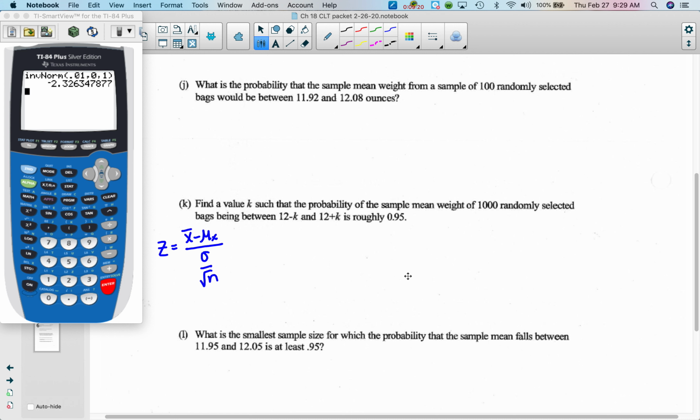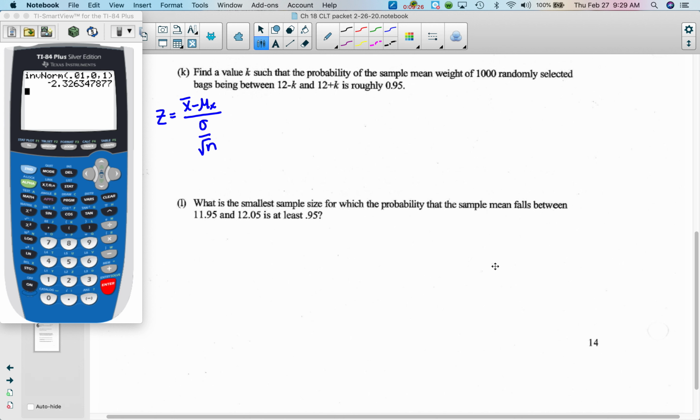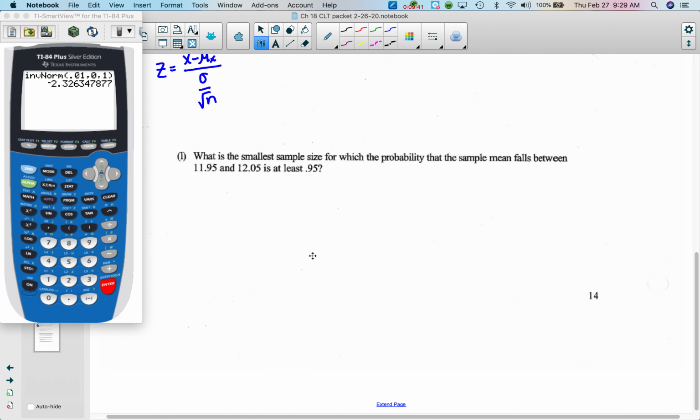Then on part L, you are determining a sample size, which means you're also going to have to use this formula because you're trying to figure out a value for n that would give you particular results. So think through those.